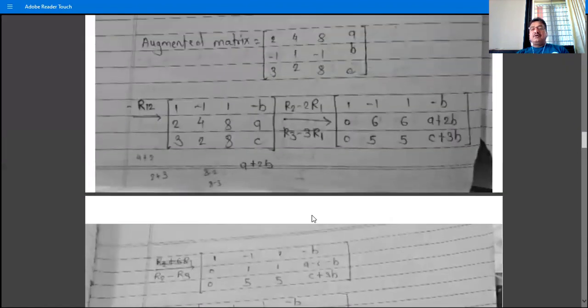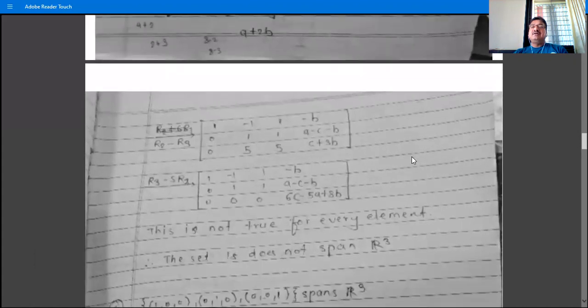Instead of this, we can also apply the transformation 1 by 6 R2. But by applying 1 by 6 R2, we have 1 at this place, but we have a fractional number at this place, and it's somewhat difficult to do the further calculations. So in order to avoid fractional numbers, we apply this operation.